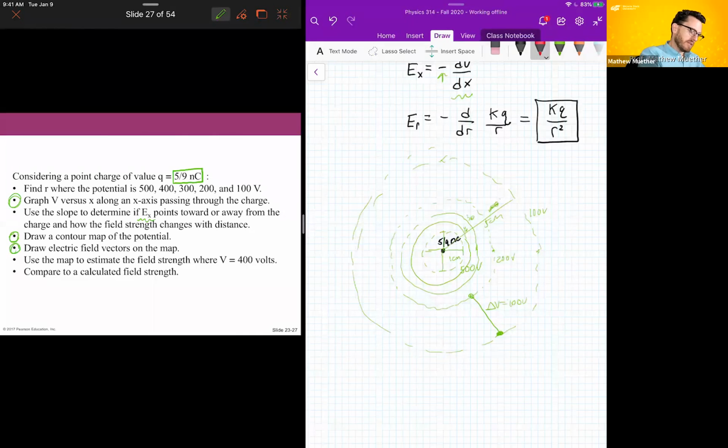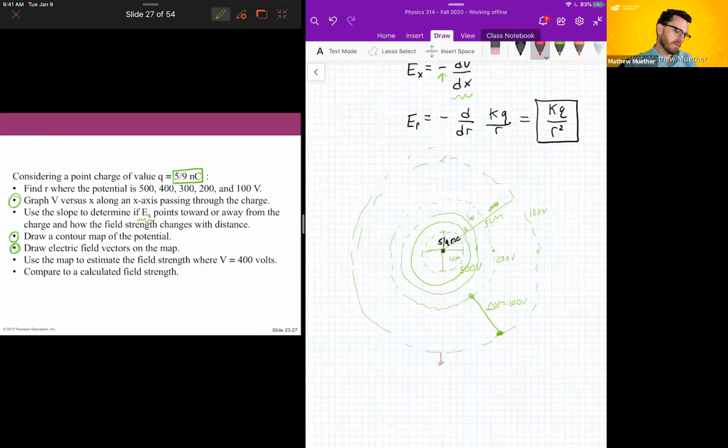So what about this? How do I draw the electric field vectors on the map? Well, if we have equal potential lines, we've seen already that the electric field has to be perpendicular to the equal potential lines everywhere. And its magnitude is related to how much the equal potential lines are varying in space, right? So where they're more tightly packed, I have larger electric field. Where they're more loosely packed, I have smaller electric field, right?